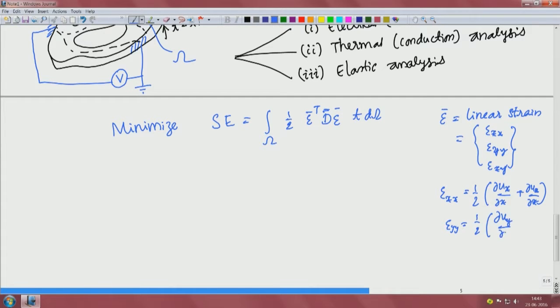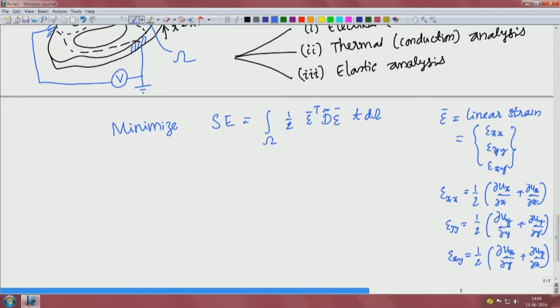For epsilon xy, when you write, you will understand why I am writing like this. They will become dou ux by dou y plus dou uy by dou x, reverse. So, what are ux and uy? They are the displacements of every point in the x and y direction.